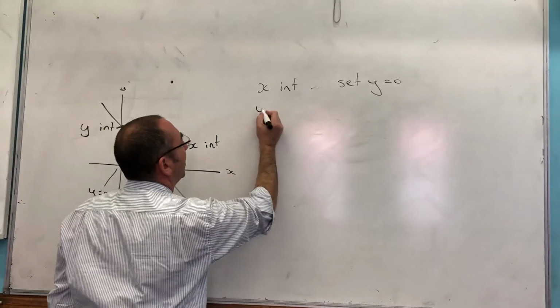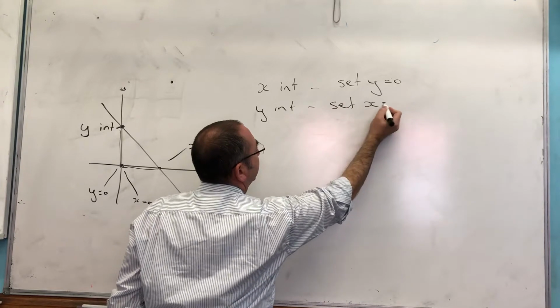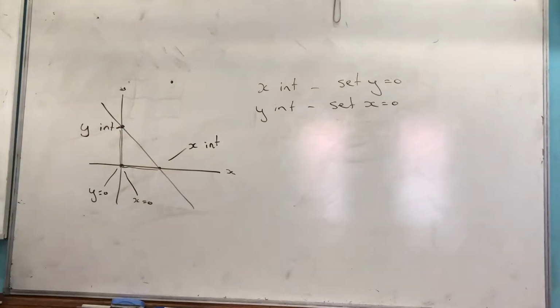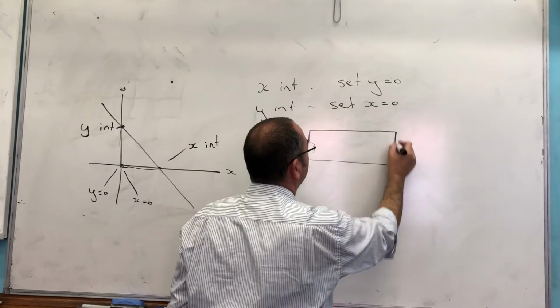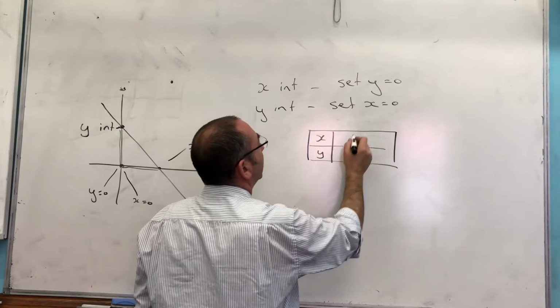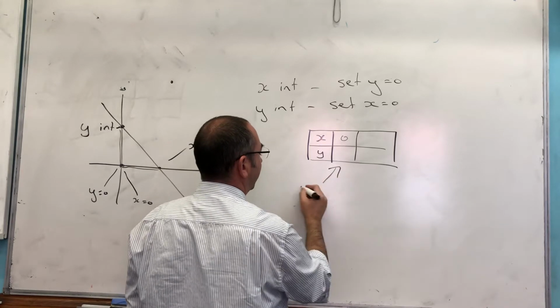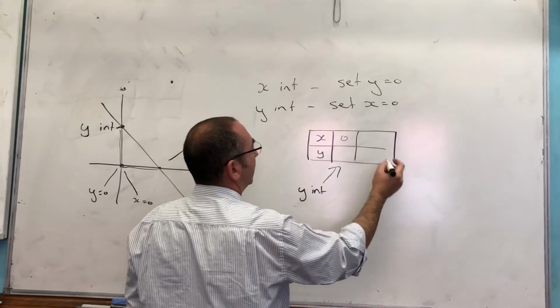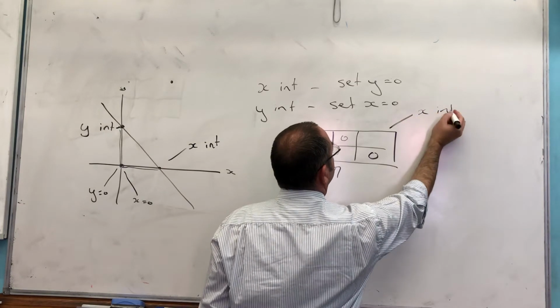And to find the y-intercept, you set x to 0. If you wanted to do that up in a table, like we were working on before, where x is 0, you will have the y-intercept. Where y is 0, you will have the x-intercept.